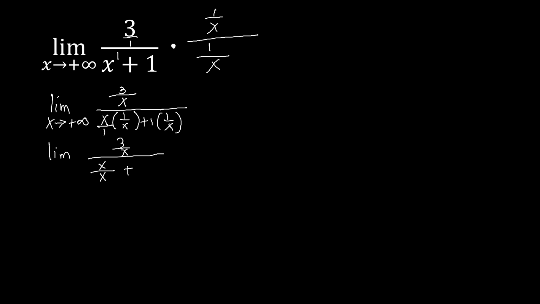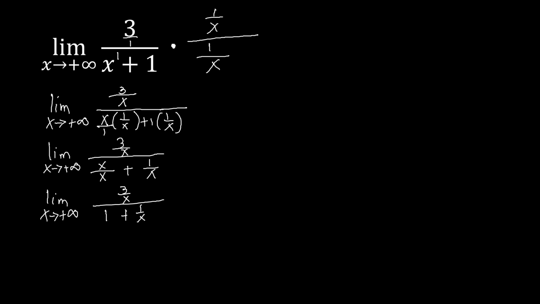So 1 times 1 over x is simply 1 over x, as x approaches positive infinity. Now, based on this one, we can simplify this further. So this will be now the limit of 3 over x all over 1 plus 1 over x as x approaches positive infinity.